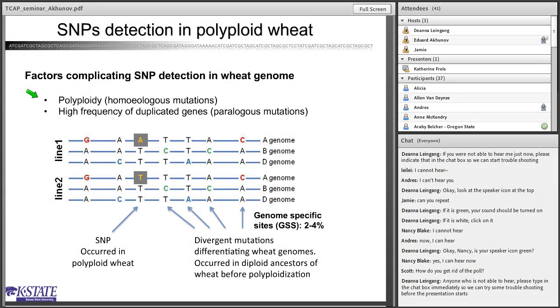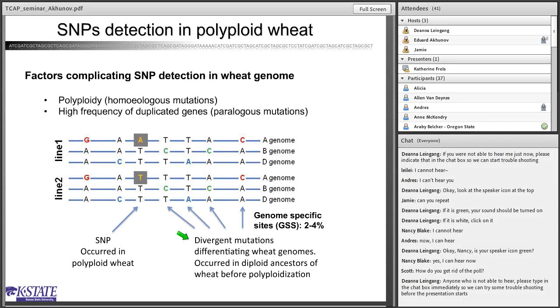And here you may see alignment of segment of a genome between two accessions of hexaploid wheat, and you may see that a lot of mutations in this alignment are in fact divergent mutations that originated in the diploid ancestors of polyploid wheat.